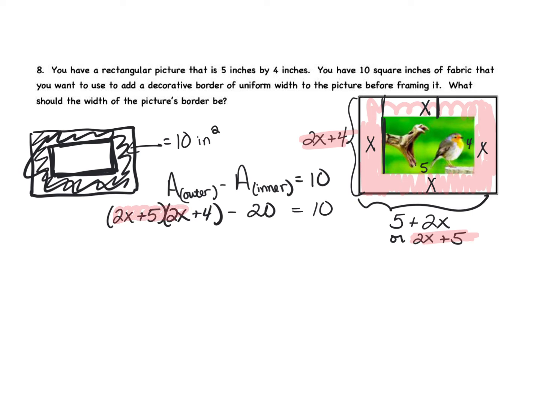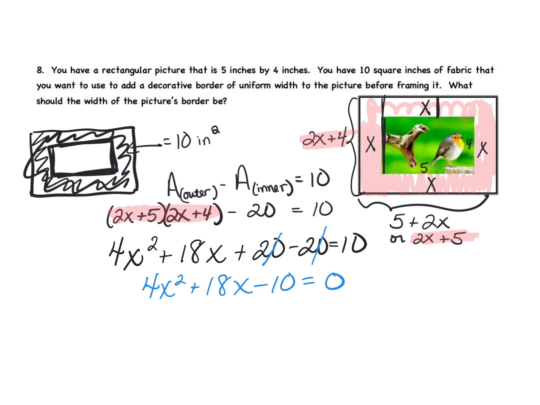I'm going to multiply these two binomials together, so that's FOIL or double distribute, whatever language you use. Pause the video and do that simplification. I can now see that I've got some like terms here. I can cancel the 20s, and I need to subtract 10. And now I have the trinomial in standard form, and since it's a quadratic, I am going to factor this, and I'm going to pull out the GCF, which appears to be 2.